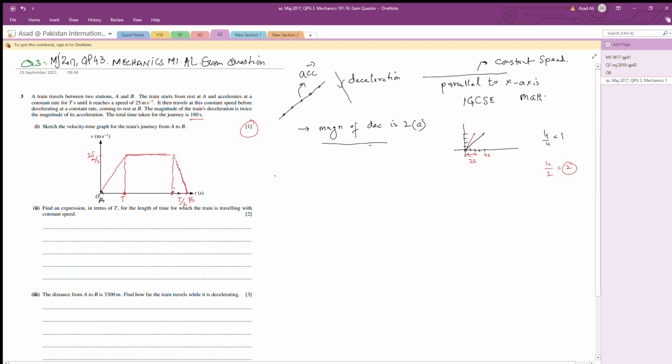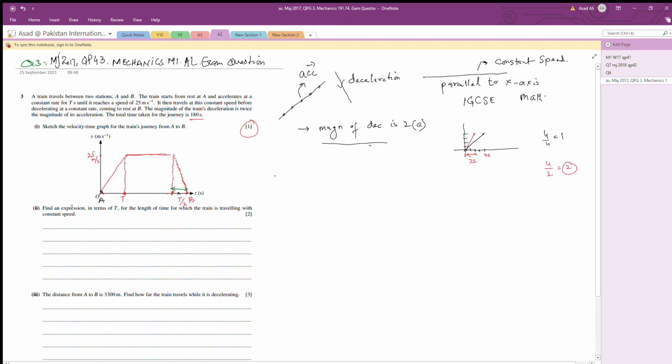From here to this place, I'm doing it with a different color. Look at this time. This time is t over 2. The total time is 180 seconds.